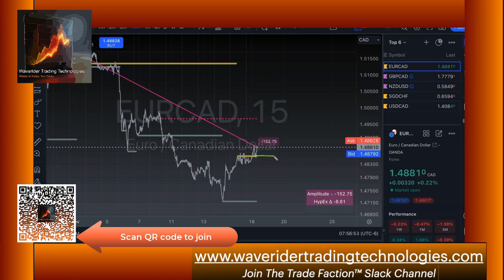These are calculating and printing in real time. The reason I put those in there is because they give you really great profit targets and entry signals for getting into a trade once you're in the sweet spot.